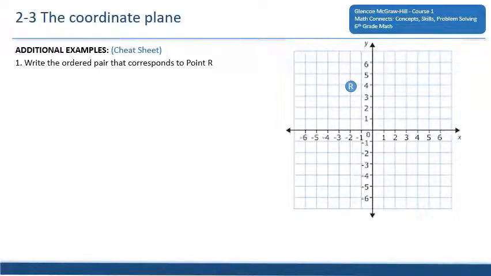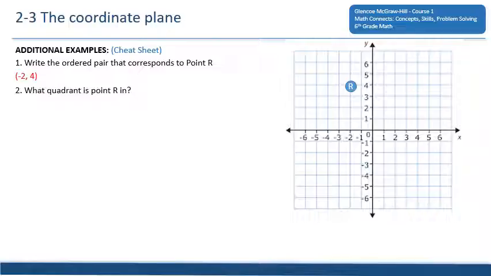Additional examples: write the ordered pair that corresponds to point R. So if we go to the left 2 places on the x, that's -2, and then up 4 on the y, and that's 4. So we have -2 and 4. What quadrant is point R in? So remember, we start in the top right quadrant, that's quadrant 1.